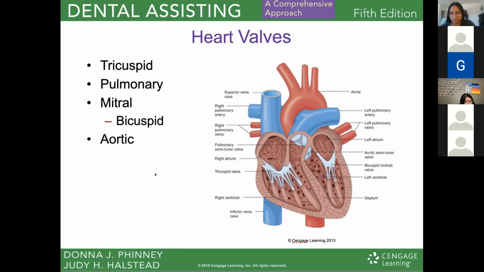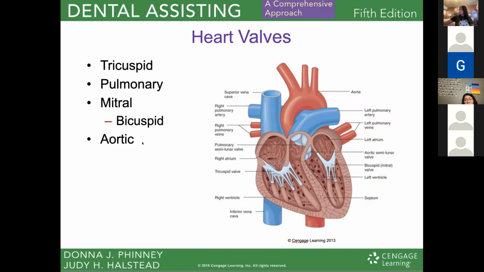So there are different valves in the heart that we need to know about. The tricuspid valve is here, and this is the valve that connects the right atrium to the right ventricle. Our mitral valve is also known as our bicuspid valve, and this is the valve that connects the left atrium to the left ventricle.